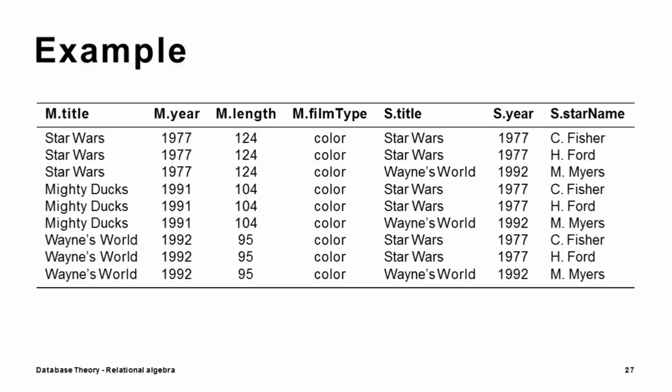Which might sound really strange here, because if you have a look at the third row, it tells you that Star Wars has a combination with Mike Myers, which isn't true, but that's the effect of Cartesian producting things here.